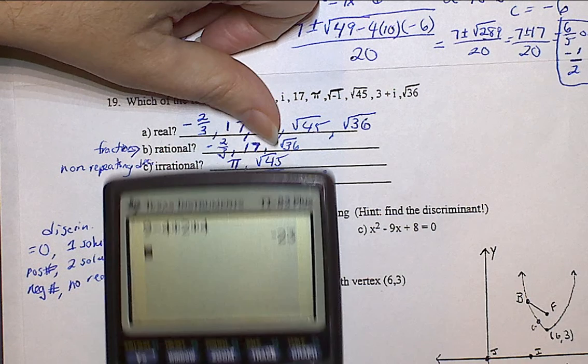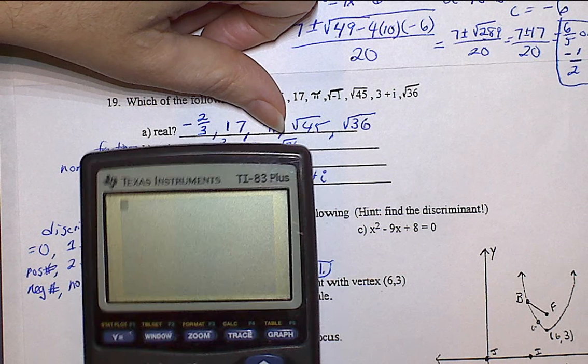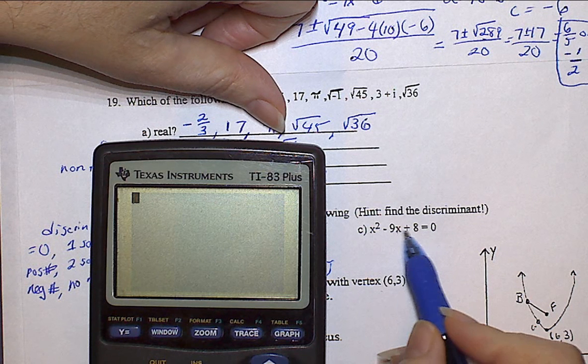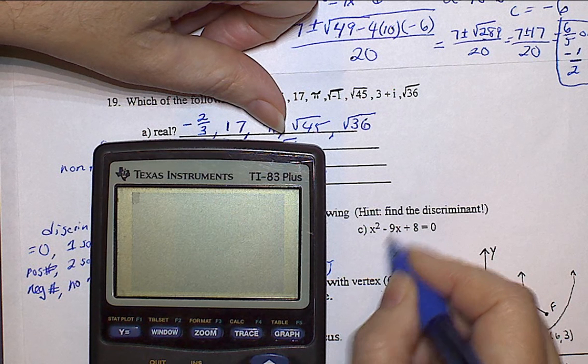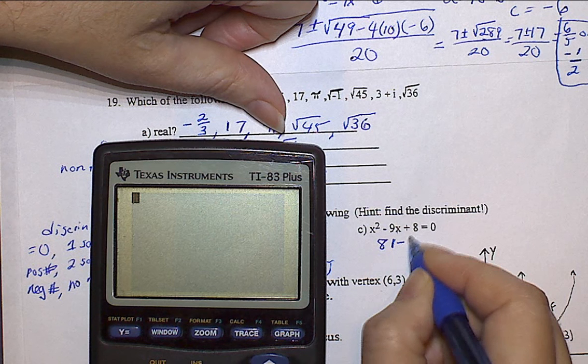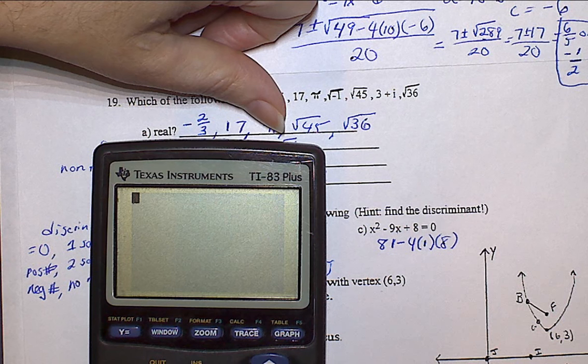And then the last one says that we have x squared minus 9x plus 8. So I still have b squared. So I have negative 9 squared is 81 minus 4a, which is 1, c, which is 8. So I have 81 minus 4 times 8, and I get a 49.